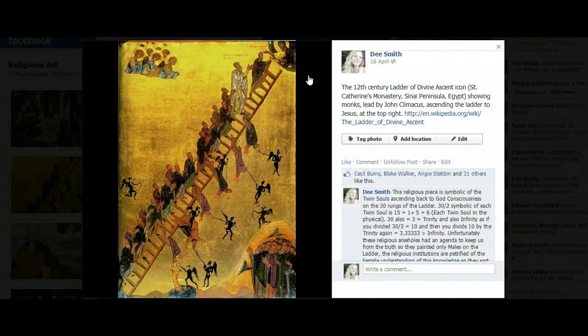And we see this as well with dividing 3 into 30, we get 10, divide 3 into 10, we get an infinite number. So it is showing that this cycle, this ascension back to God consciousness, back to Christ consciousness, is eternal, is infinite.